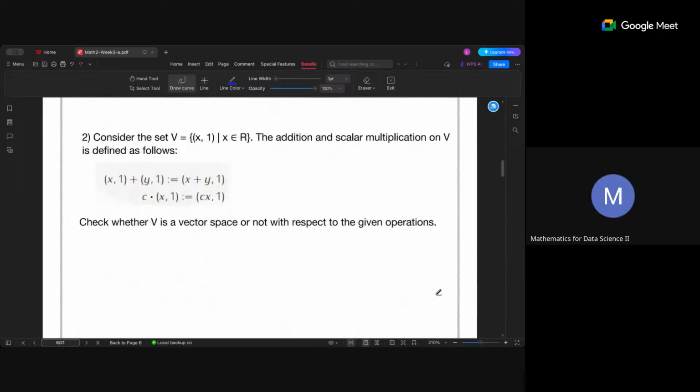Now your set is this: the set of all (x, 1) such that x is in R. The addition and scalar multiplication on V are defined as follows. We are going to check whether it is a vector space or not. First of all, the addition is defined like this. What is this symbol here?